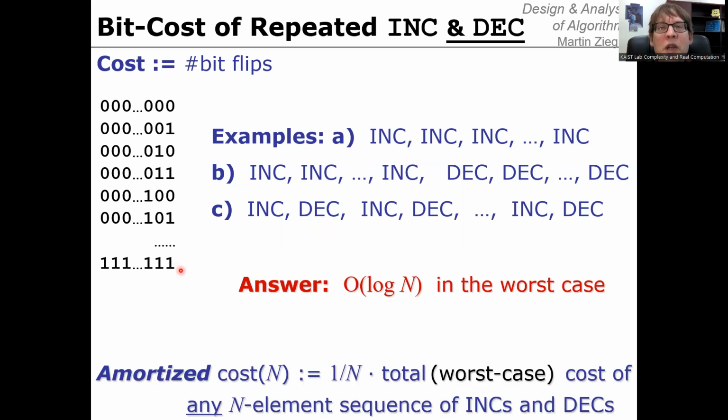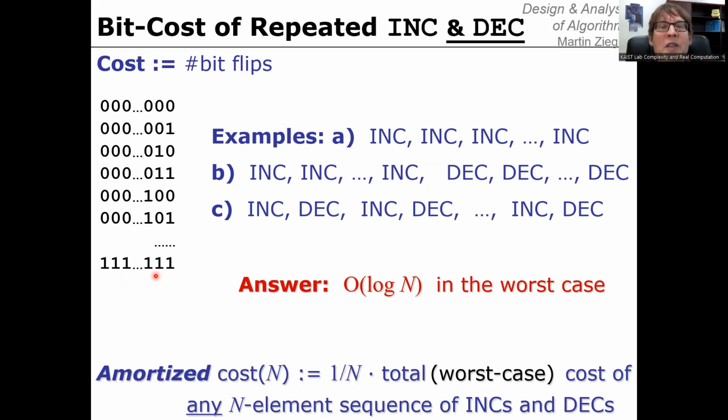So that new increment has logarithmic cost, logarithmically many bits flip, and then decrement. After the increment, all bits flip and become 0, and decrement means all the bits flip back, and then increment again, all the bits flip again.